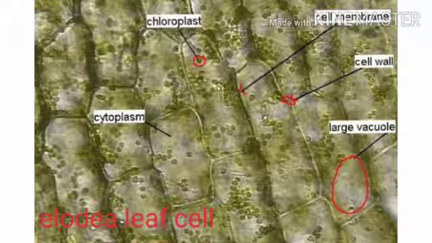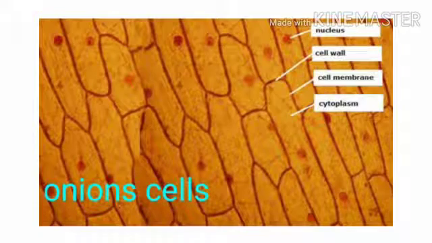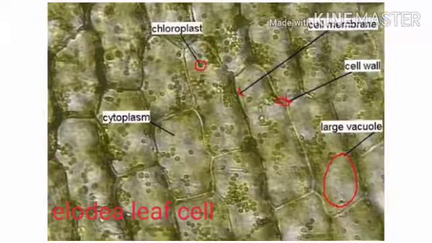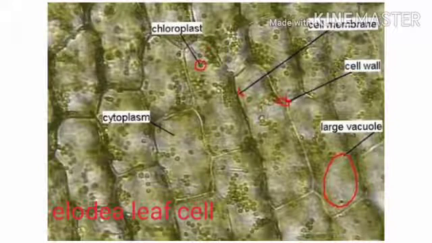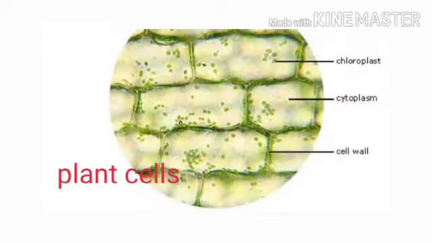Nucleus is also visible, and of course, onion cells will not have chloroplast as it is an underground stem, but if we see leaf cells from the leaves from a lily plant, then we can see chloroplast clearly inside them with cell walls.